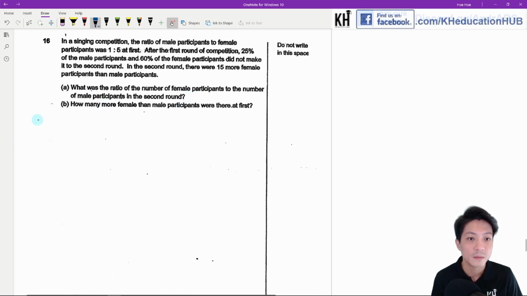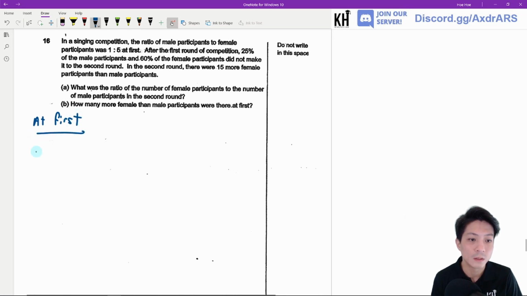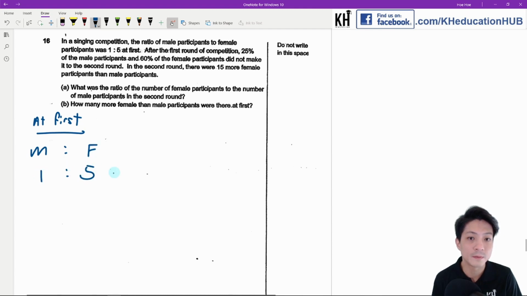Okay, so let us write down the ratio. In the singing competition, the ratio was at first, so I'm gonna write at first. Okay, male is to female is 1:5.